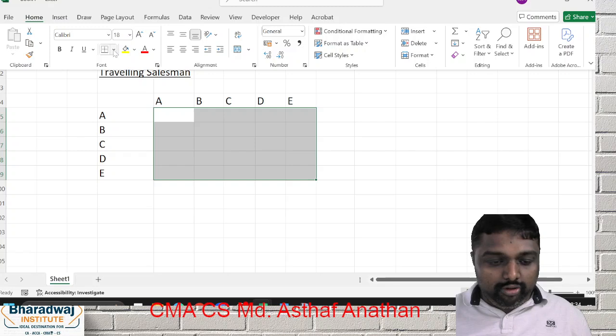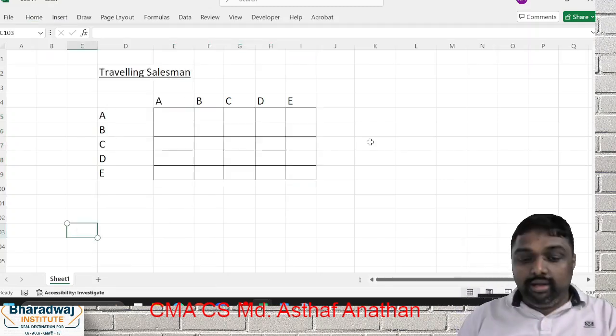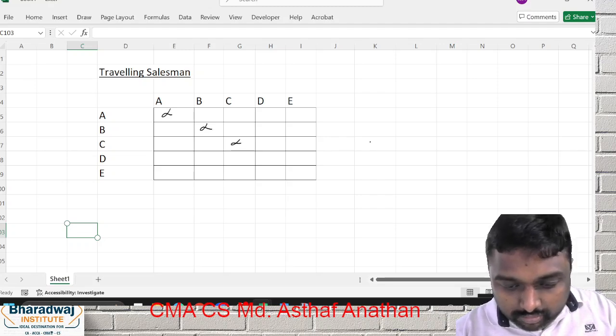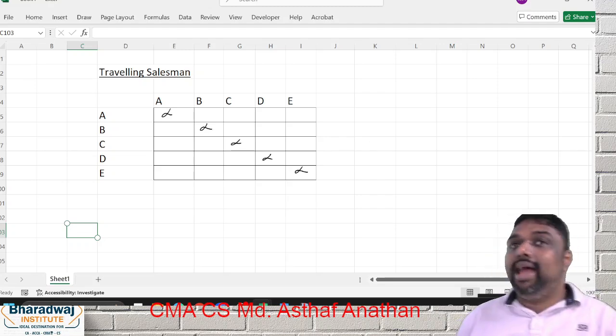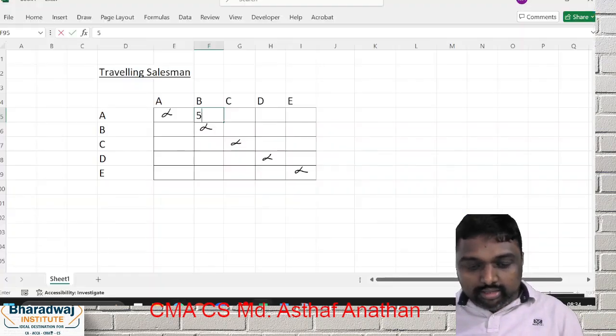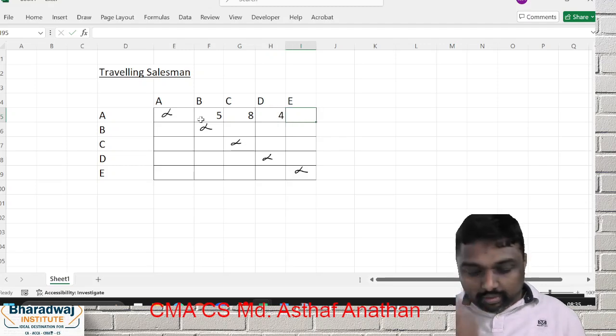Let's see how many of you made it correct. After that, you have to apply our normal concept. So this A to A will not be there, B to B, C to C will not be there. For the balance of the data, you can enter it. You can give the M as we did earlier. It's 5, 8, 4, 5.